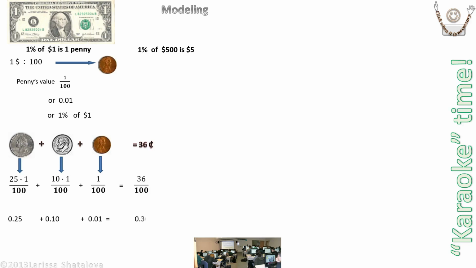In decimals, and now here is percent. So we added, and now we have 36% of $1. This is how karaoke works.